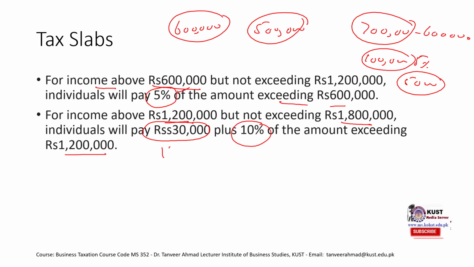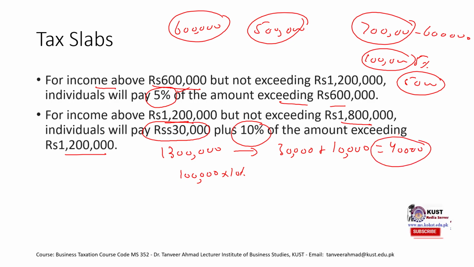So for example, if someone is earning 13 lakh rupees per annum, their tax would be 30,000 rupees plus 10% of the amount greater than 12 lakh. So what amount is greater than 12 lakh? It is 1 lakh rupees. So 10% of this 1 lakh rupees is 10,000. So annual tax would be 40,000 for this specific person.